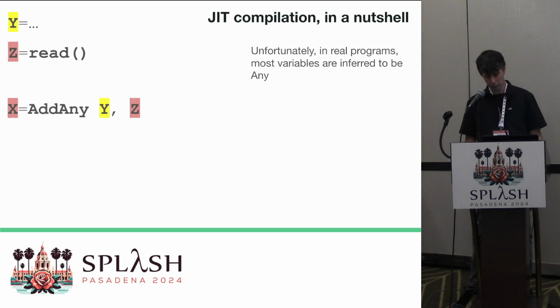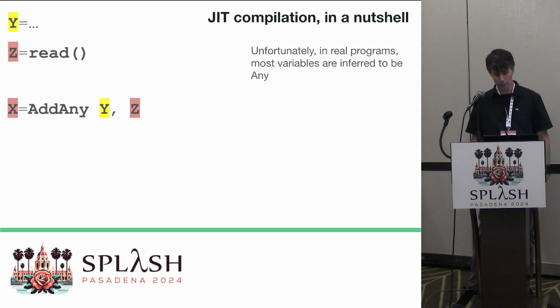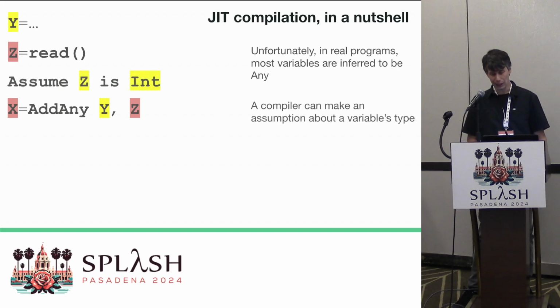Now, this is not often the case. Sometimes we get the type of some of the variables, some not. So for example, in this case, we know the type for Y, we don't know the type for Z. And so what the compiler can do is try to guess the type. The assume instruction is the embodiment of this guess.